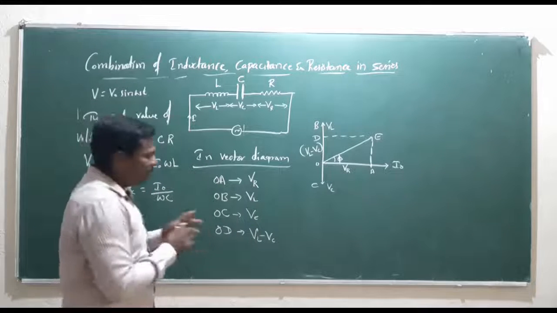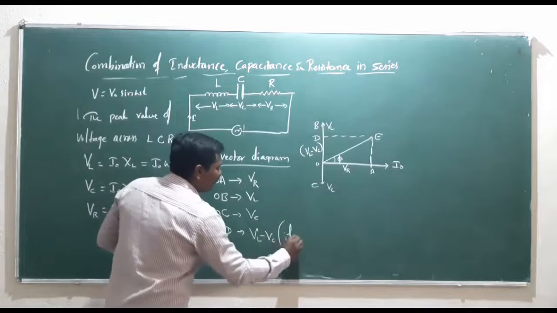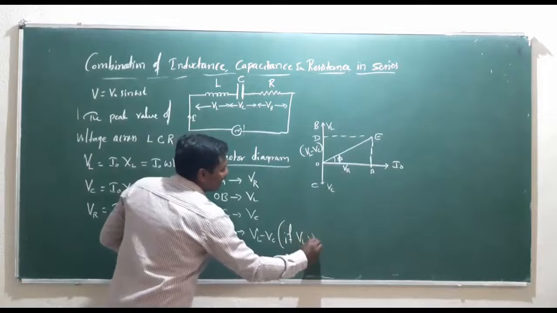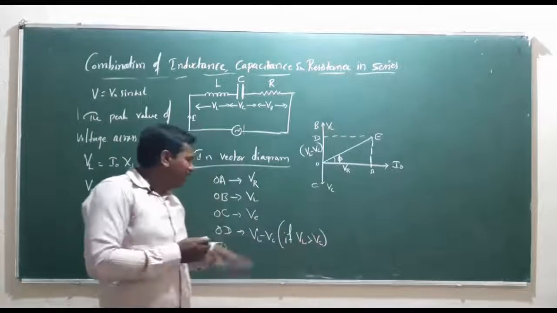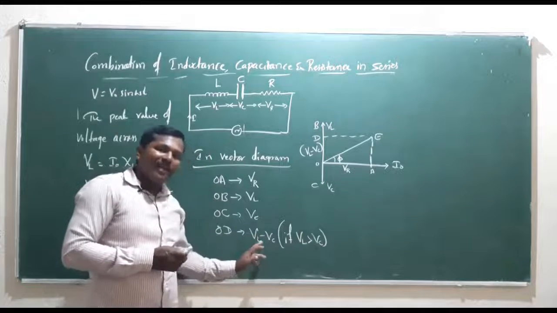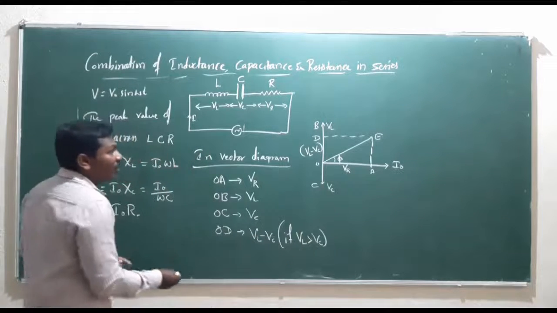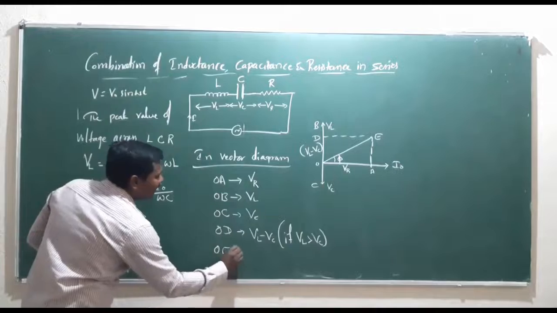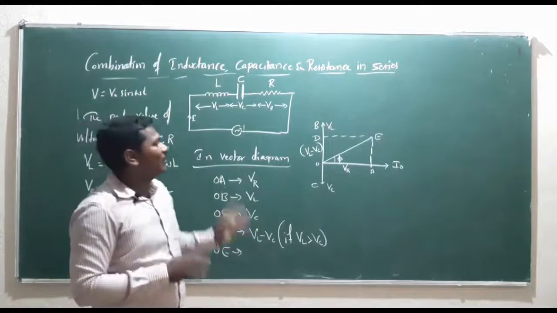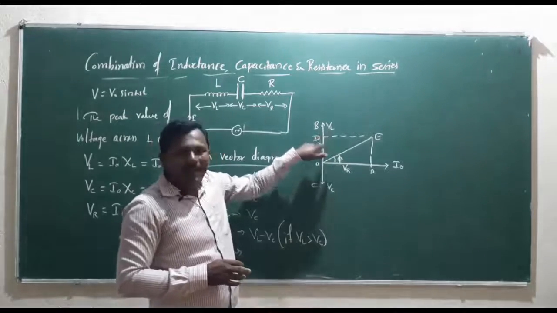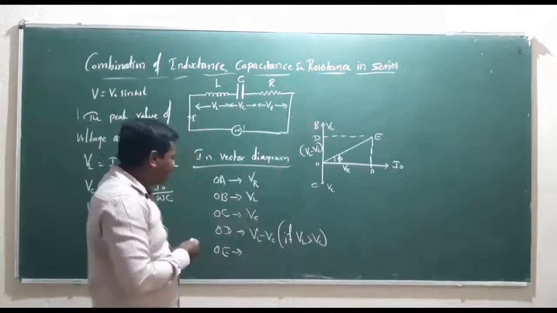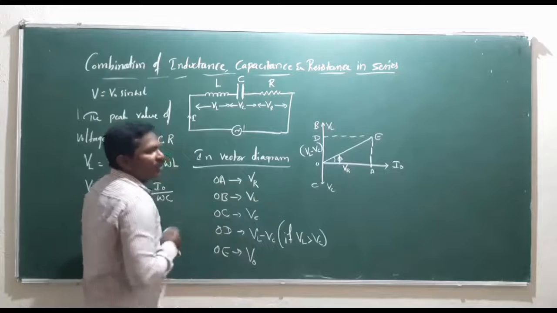Here this one we are going to get if VL is greater than VC. If VC is greater than VL, that time we have to consider VC minus VL. Now OE represents the resultant vector of the voltage across the resistor, capacitor and inductor, that can be represented by V naught.